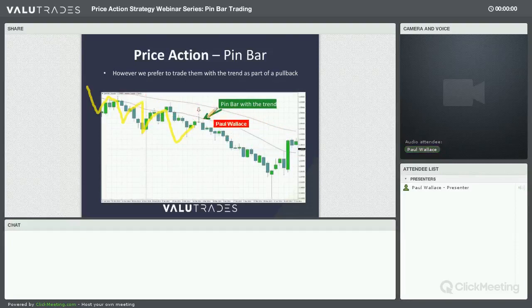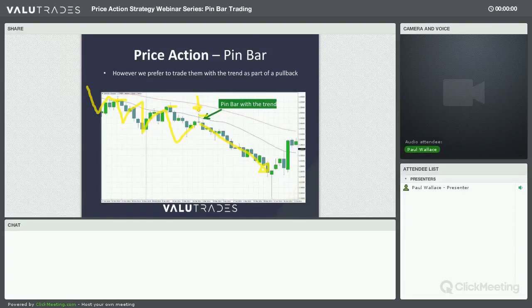This was just a 20 period moving average, and it then put in a nice bearish pin bar that was also a lower high. So we're starting to get two or three things all coming together, and then invariably what happened is we were able to short that, and it ran very nicely for the next 3 to 4 months.